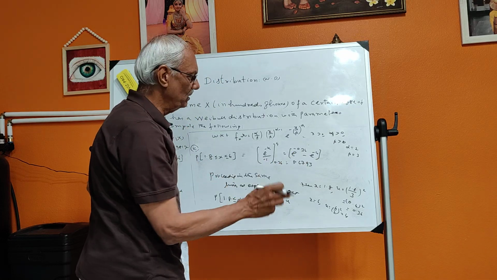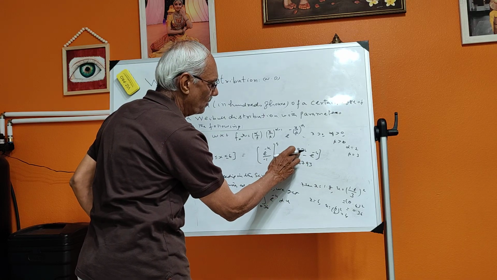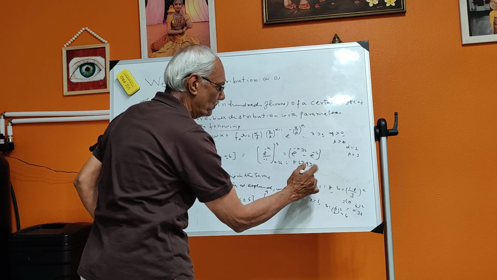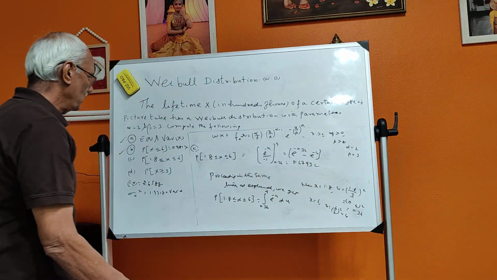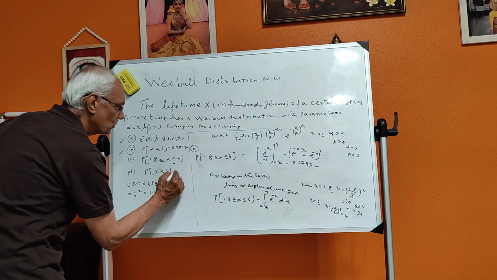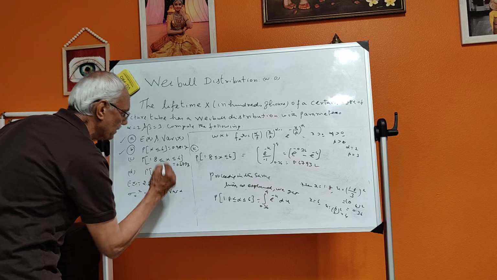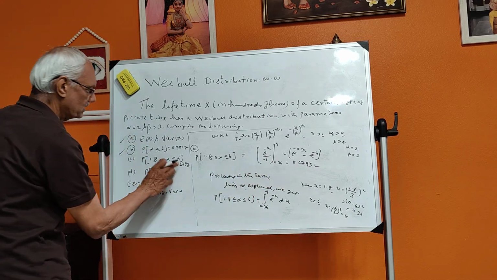Go use a calculator, find the value of e to the power of minus 0.36, likewise find the value of e to the power of minus 4, do the subtraction. You will get 0.6793. So the answer for this question is 0.6793.